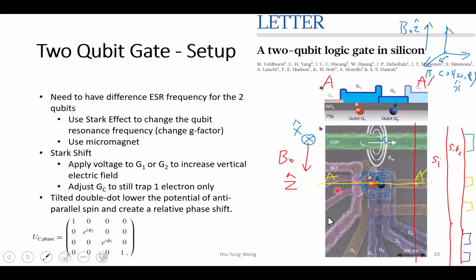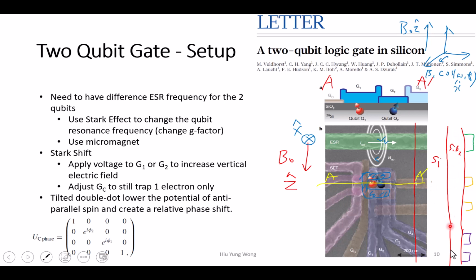Basically you go from here, you see the control gate, and then you have gate 1, gate 2, and gate 3. So between gate 1 and gate 2, you actually form two qubits. You just adjust the potential so that they only have one excess electron in these two regions. This is the cross section here.